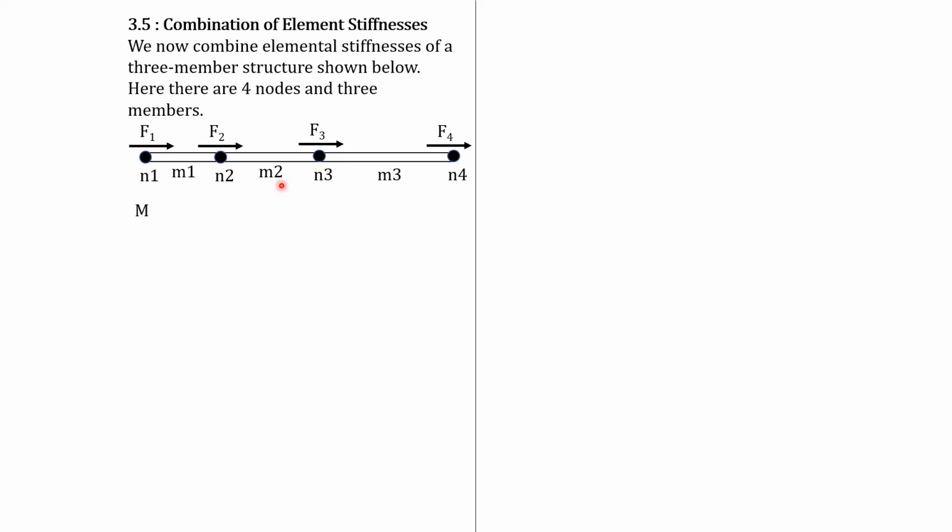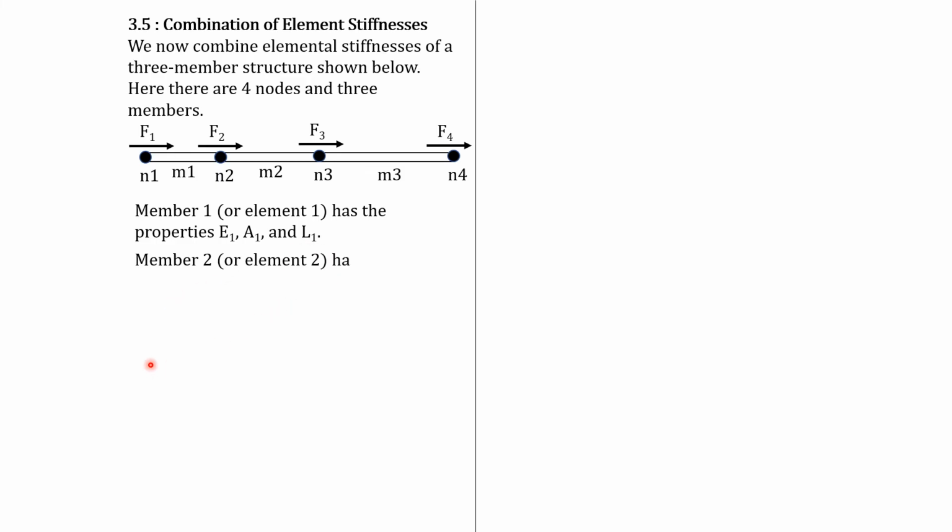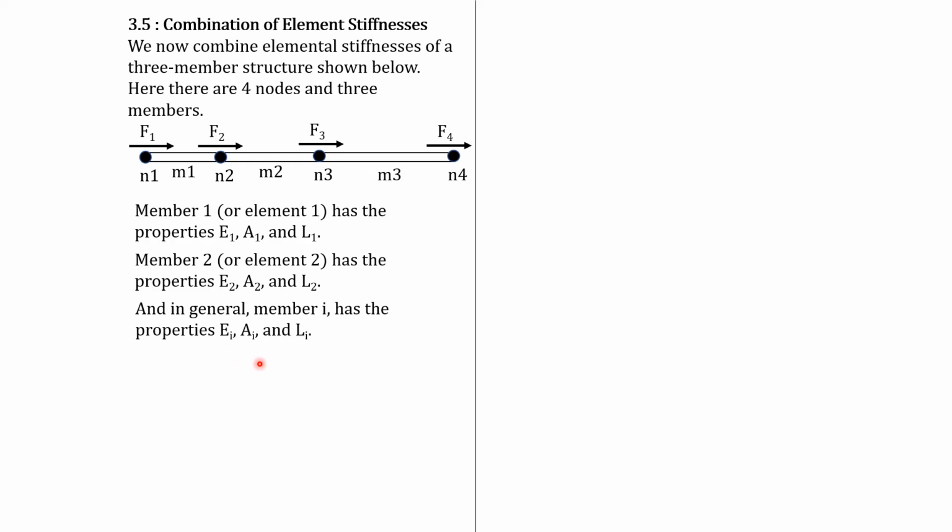So, member 1, member 2, member 3. Member 1 or element 1 has properties E1, A1, and L1. Member 2 or element 2 has properties E2, A2, and L2, and in general, member i has properties Ei, Ai, and Li.